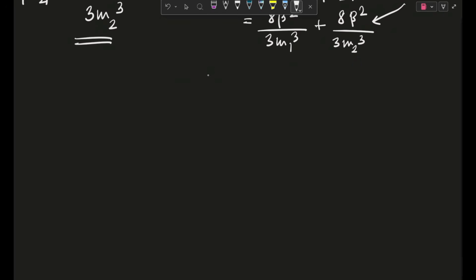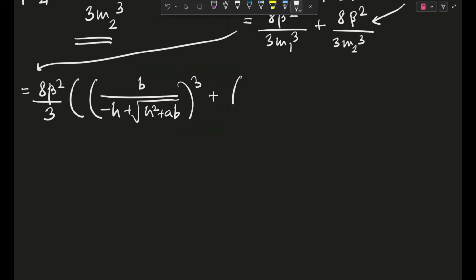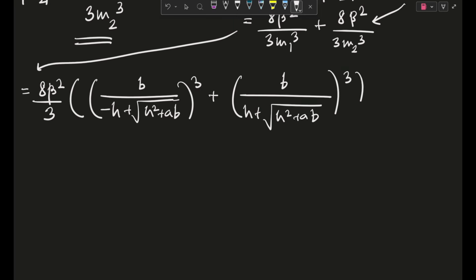If we take out the common 8β²/3, what we will get inside the bracket is b whole divided by (−h + √(h²+ab)) whole cube, plus b whole divided by (h + √(h²+ab)) whole cube.